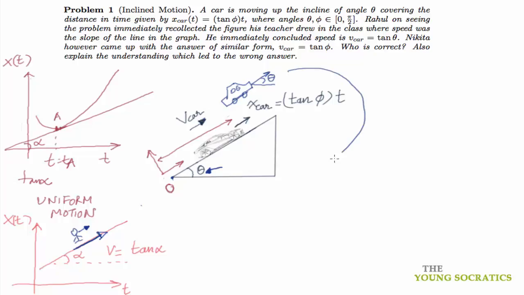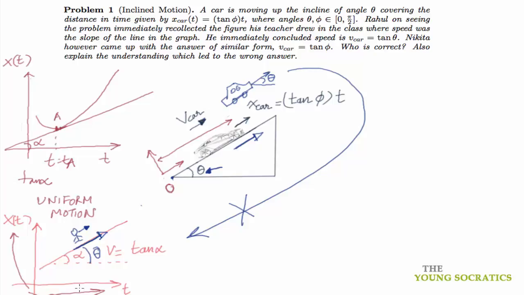That does not imply that x(t) versus t also will be a straight line where the line makes an angle theta, because this corresponds to the direction of motion, while the curve corresponds to how x(t) is varying with time t.